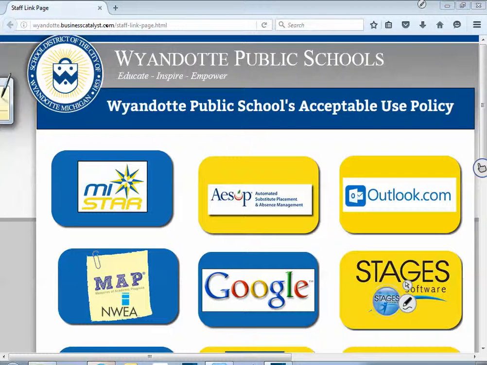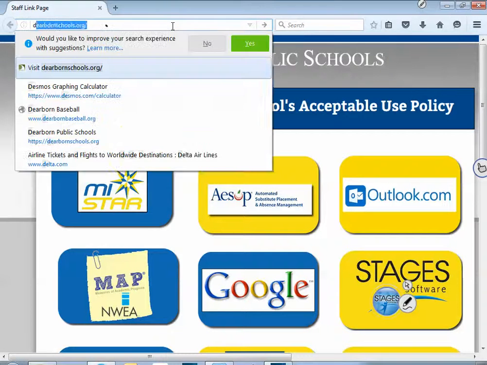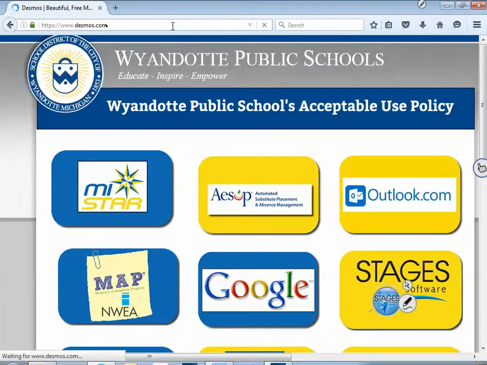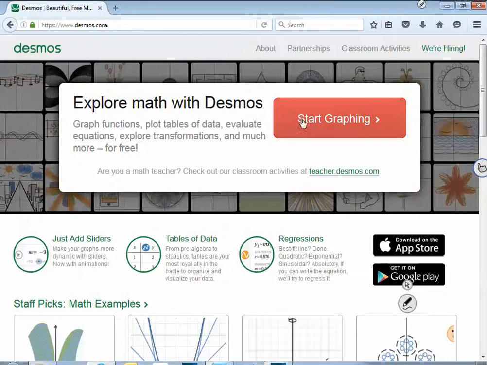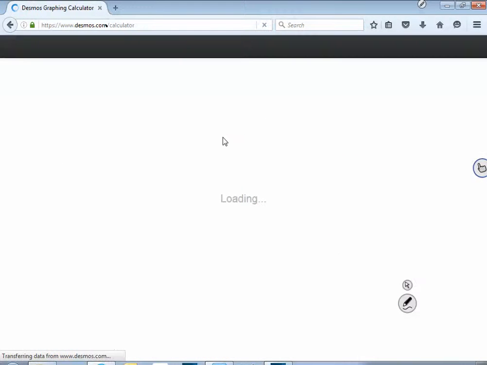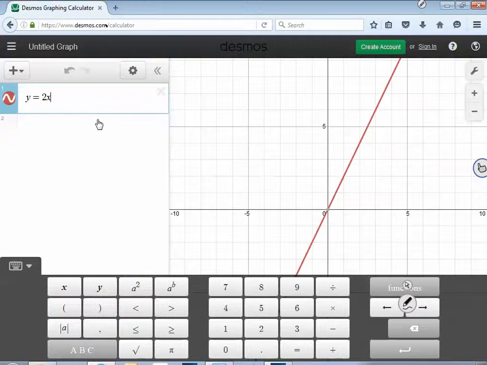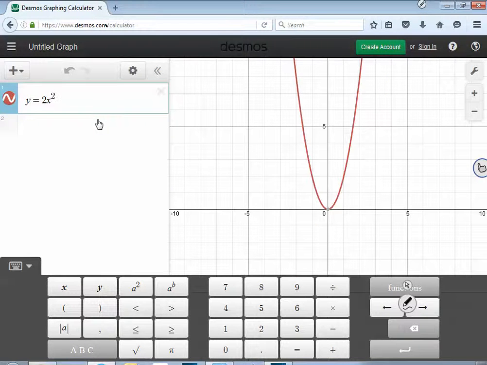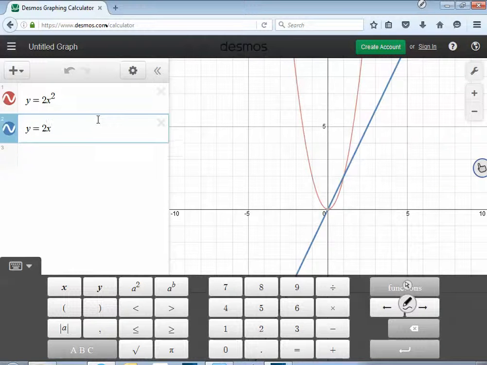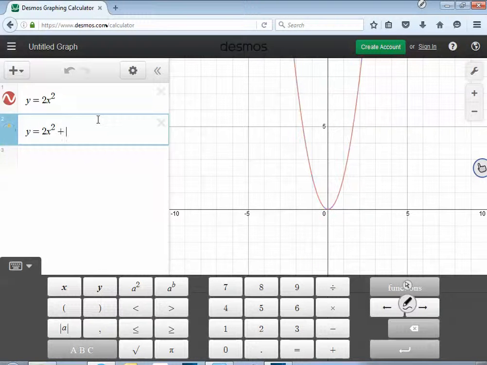I will go to Desmos and graph y equals 2x squared, and then I'll look at y equals 2x squared plus 3.